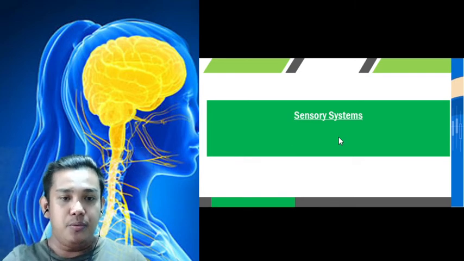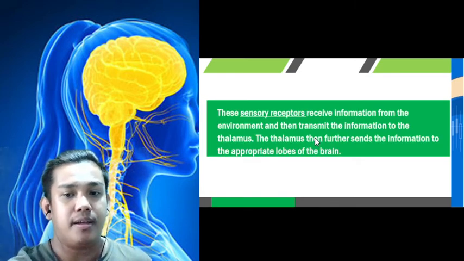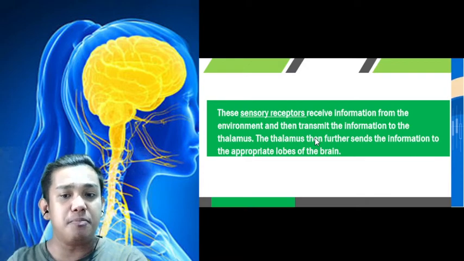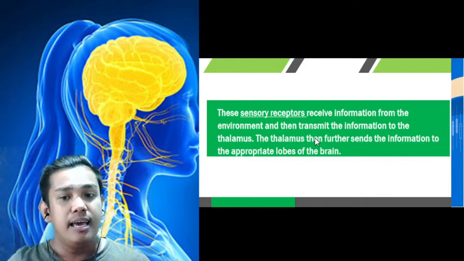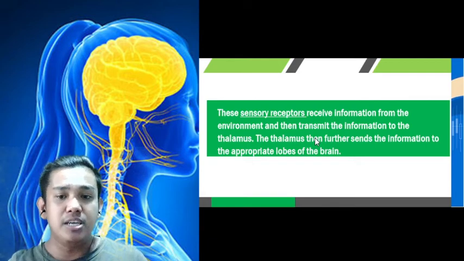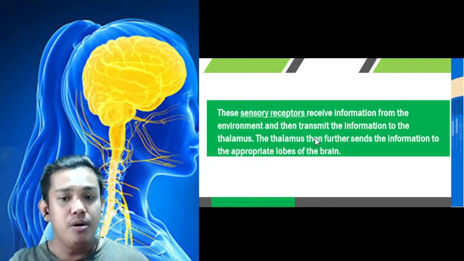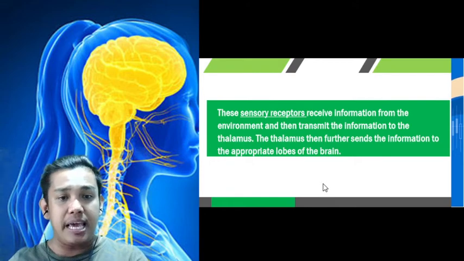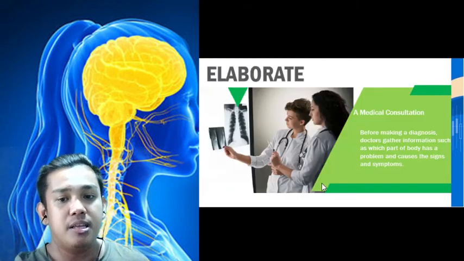Next, we have the sensory system. Sensory receptors receive information from the environment and then transmit the information to the thalamus. The thalamus then sends the information to the appropriate lobes of the brain.